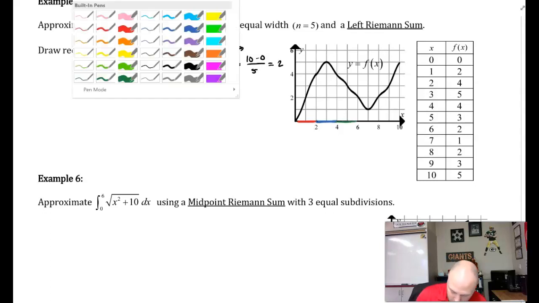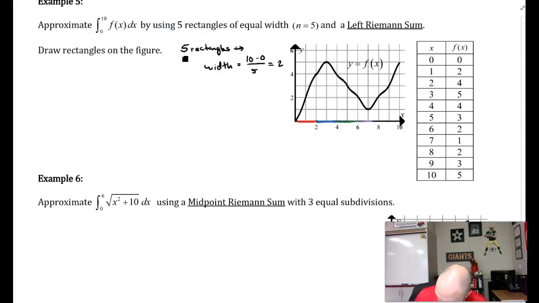Let's do purple, and then orange. Okay, so those are my widths. And then the height is going to be equal to, now this is a left Riemann sum, so I'm always going to use the left.